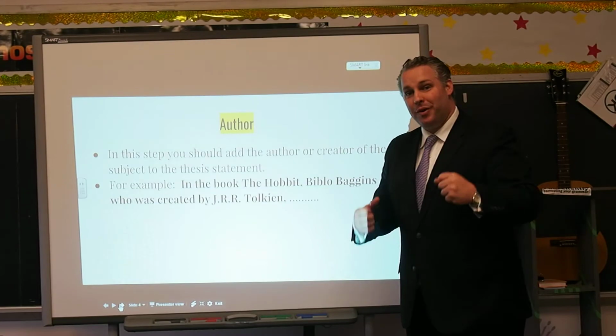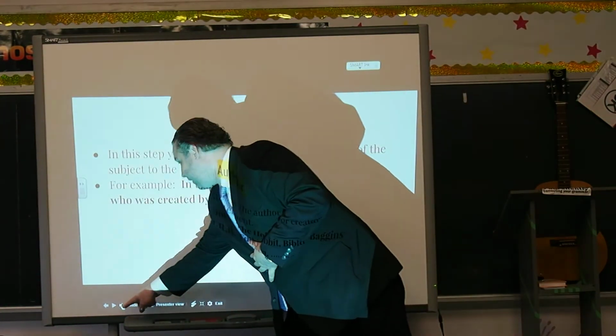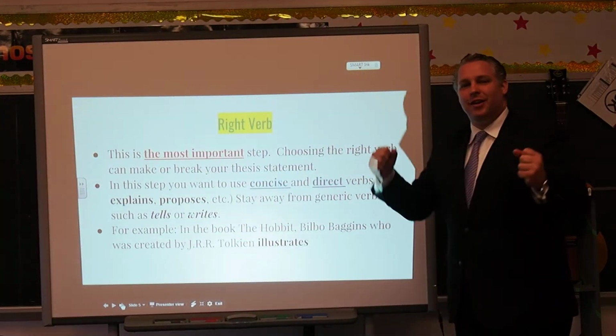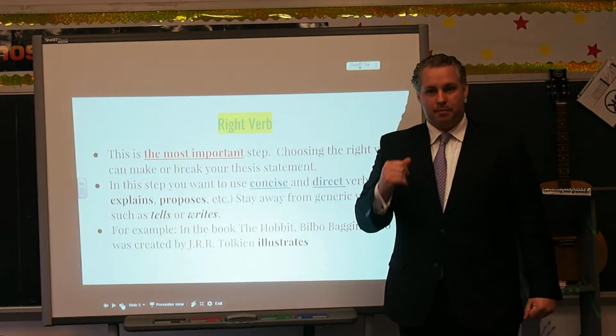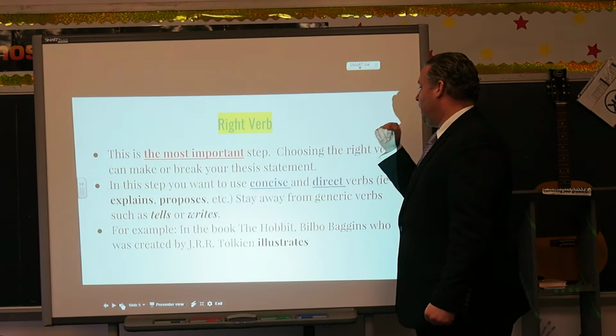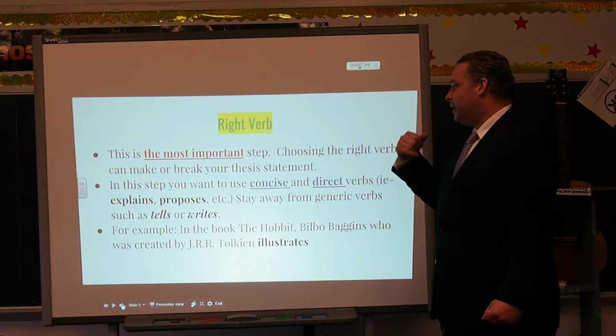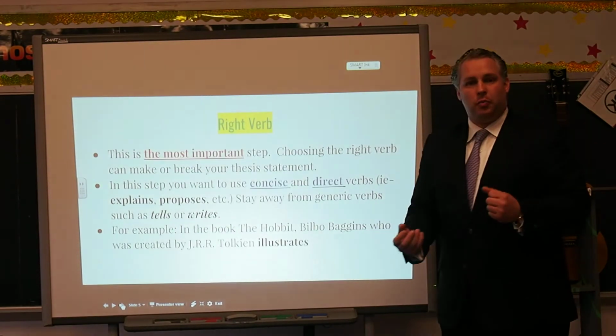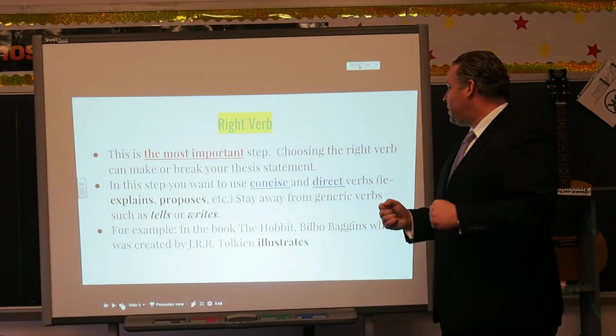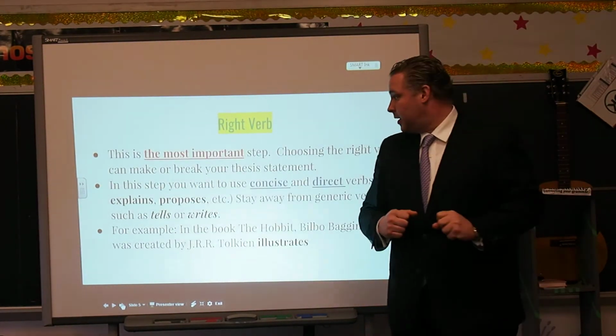We're keeping this simple. It's going to be R, and in this case, it's the right verb. This is the most important thing. Choosing the right verb is going to make or break this. We don't want to be super general. We want to be concise and direct.